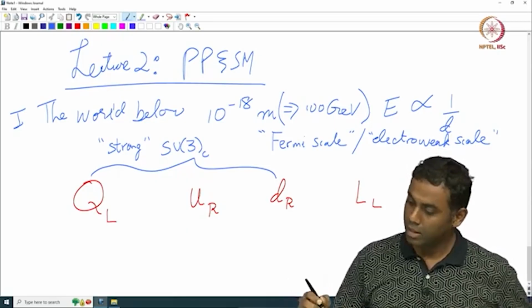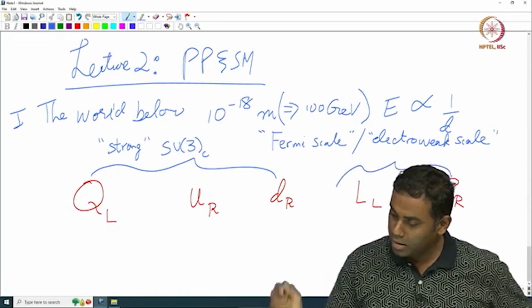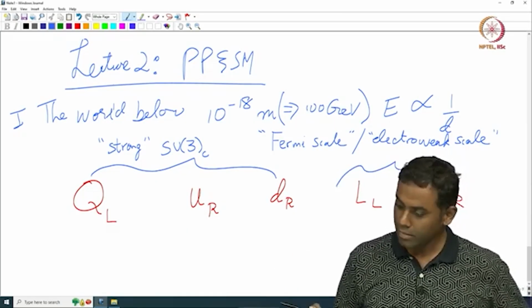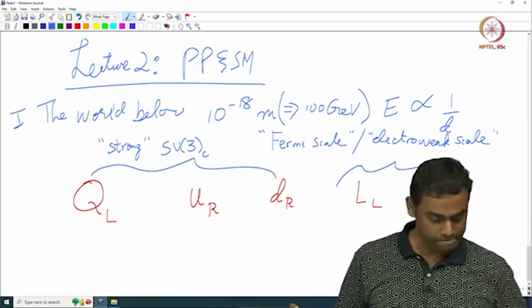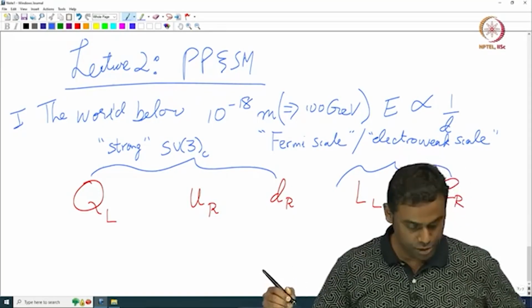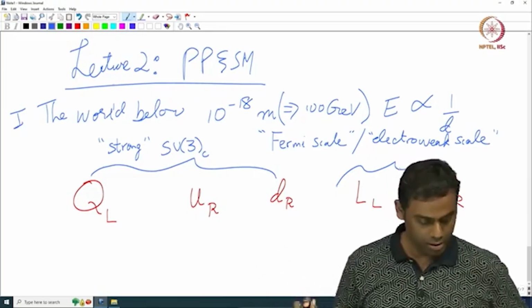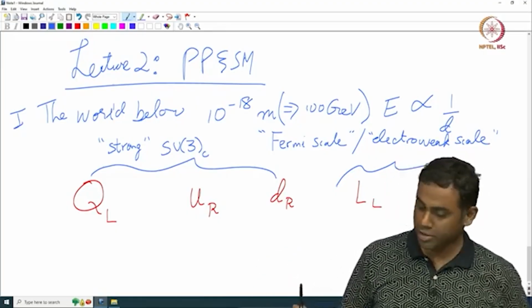okay. And these two objects are basically leptons.